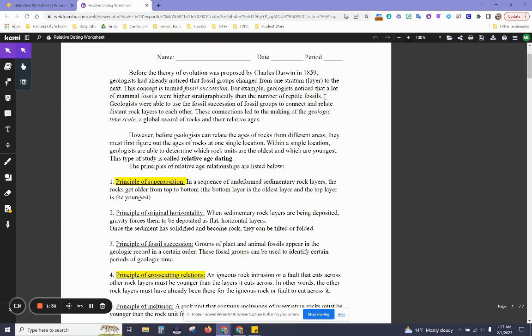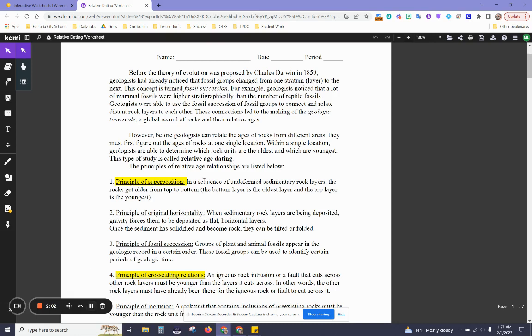For example, geologists noticed that a lot of mammal fossils were higher stratigraphically than the number of reptile fossils. Geologists were able to use fossil succession of fossil groups to connect and relate distant rock layers to each other. These connections led to the making of the geologic time scale, a global record of rocks and their relative ages.